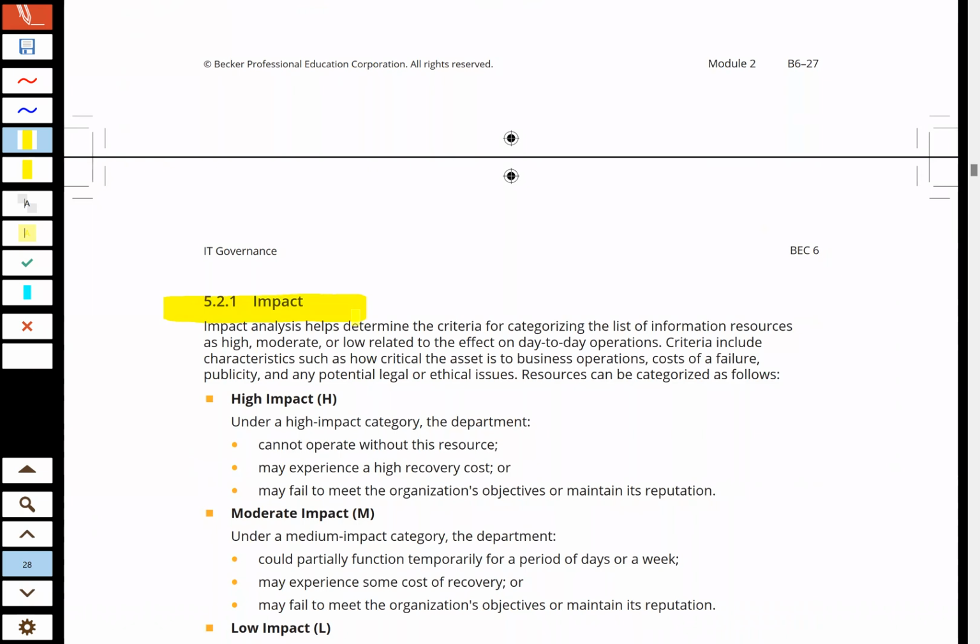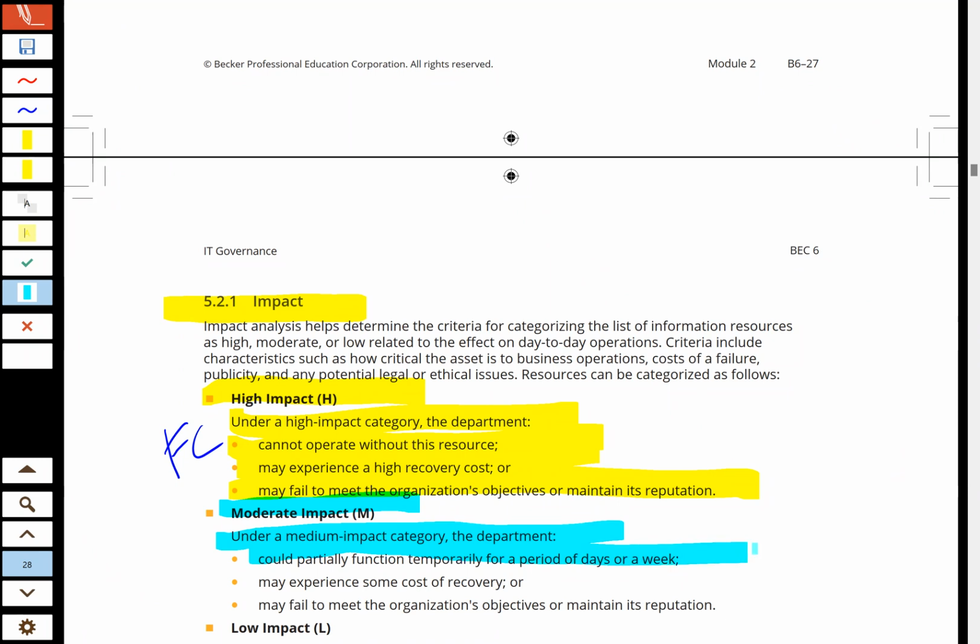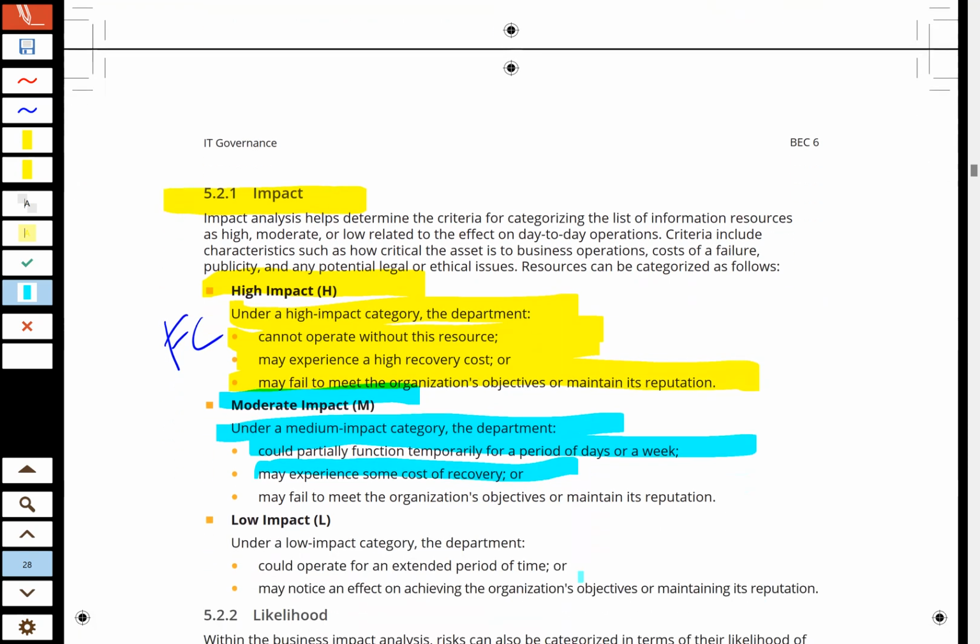When we look at impact, something is considered high impact if the entity cannot operate without the resource, may experience a high recovery cost, and may fail to meet the organization's objectives and maintain its reputation. Go ahead and flashcard that. Moderate impact is defined as what could partially function, maybe for a week or so, may experience some cost for recovery, and may fail to meet the organization's objectives.